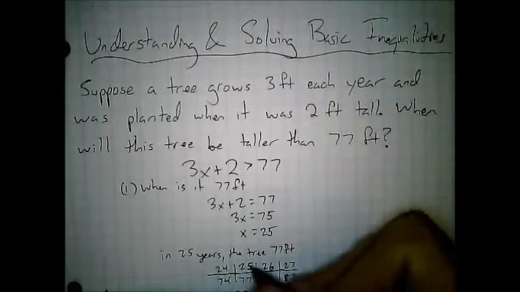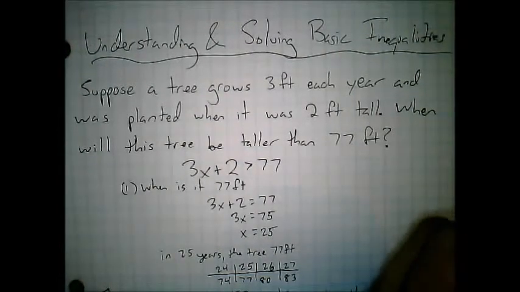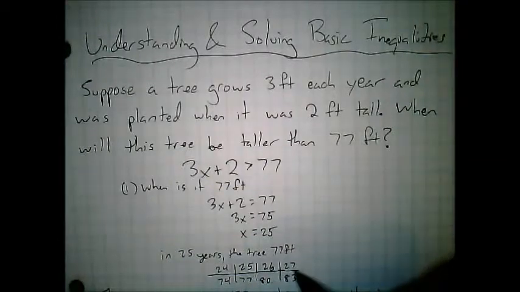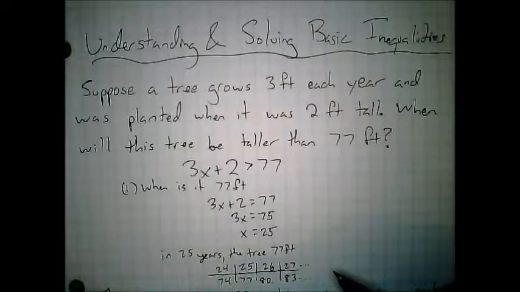In 25 years, it was 77 feet, which is great, but again, we don't want to know when is it 77 feet. We want to know, when is it taller. Well, we know the tree grows 3 feet each year. So in year 26, it's 80 feet. 27, it's 83 feet, and so on. And it continues to grow.